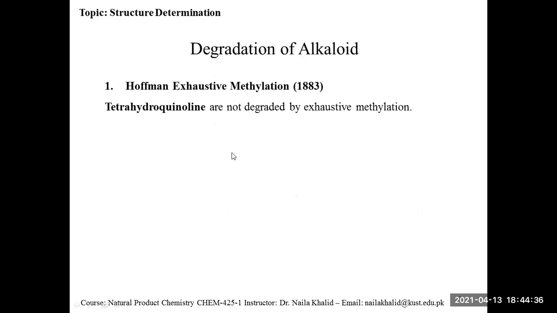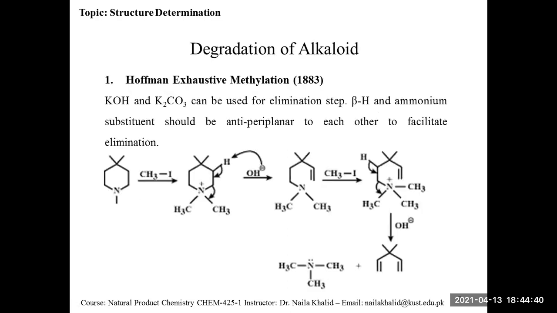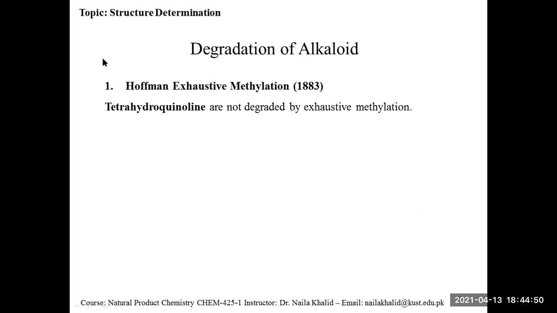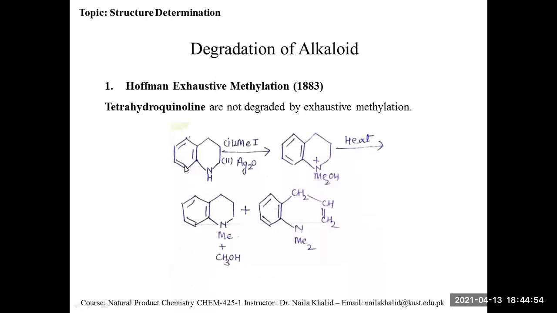Tetrahydroquinoline is not degraded by exhaustive methylation. This was the strategy which can be used for any alkaloid containing a tertiary amine. However, this technique is not useful for tetrahydroquinoline. Here is the structure of tetrahydroquinoline.